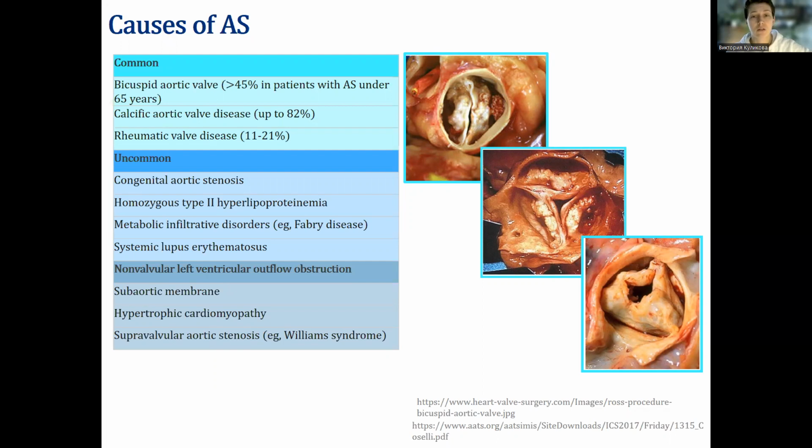Rare causes include metabolic diseases, for example, Fabry disease, systemic diseases, etc. We also have to mention non-valvular left ventricle outflow obstruction due to supravalvular reasons, for example, Williams syndrome, and subvalvular reasons, for example, hypertrophic cardiomyopathy.